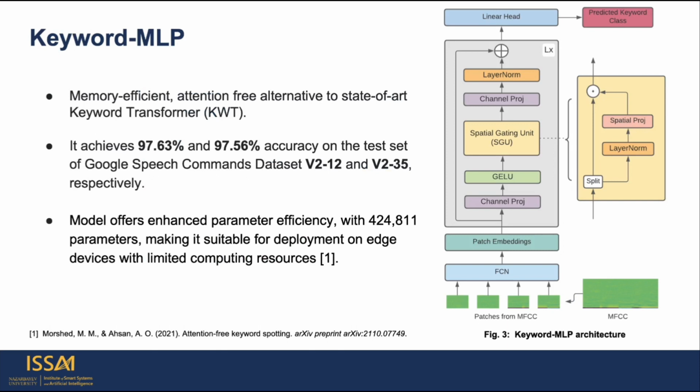Before training a model, it's crucial to choose an appropriate architecture based on the problem at hand. For our task, the Keyword MLP model was utilized for speech command recognition, and thank you to the authors for providing this model. This model was chosen due to its high accuracy, which is 97.56% on the test set of Google Speech Command Dataset version 2, which is comparable to state-of-the-art models such as Keyword Transformer.